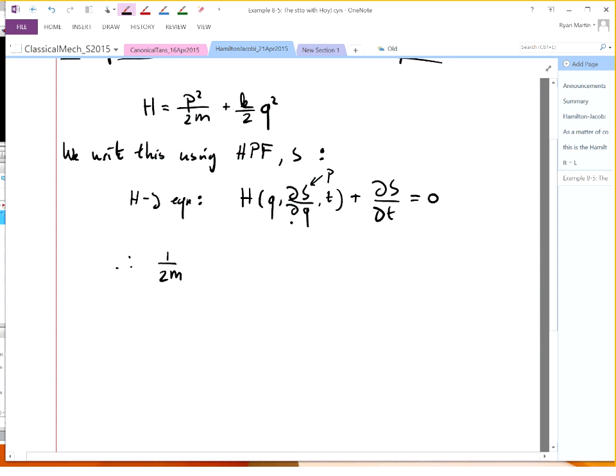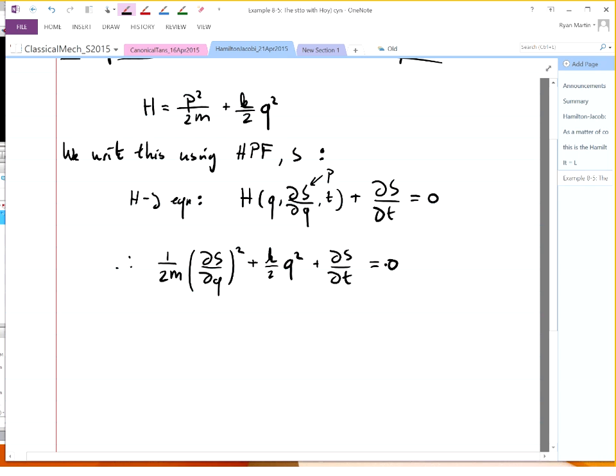The first term in the Hamiltonian is p squared over 2m, so that's 1 over 2m, and then p we call ∂S/∂Q. The second term stays unchanged, so it's k over 2 q squared. And to have the Hamilton-Jacobi equation, I have to have this last term plus ∂S/∂T equals 0. So that's the procedure.